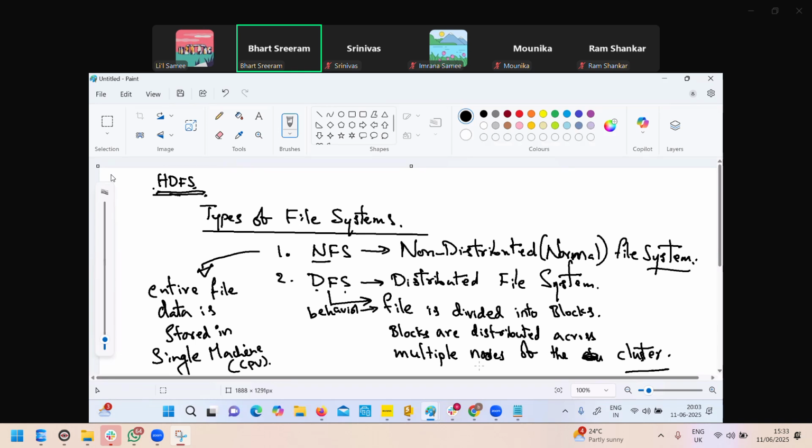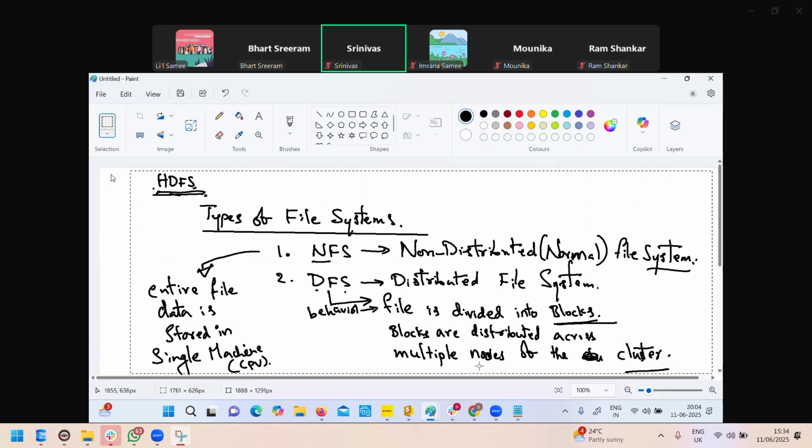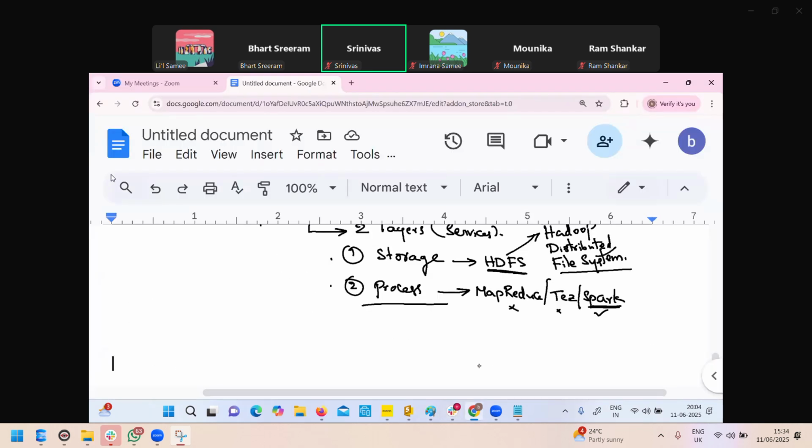What is a cluster? A network of nodes. That means you have multiple CPUs. The file is divided into small chunks, these chunks are called blocks, and these blocks are distributed across multiple nodes.